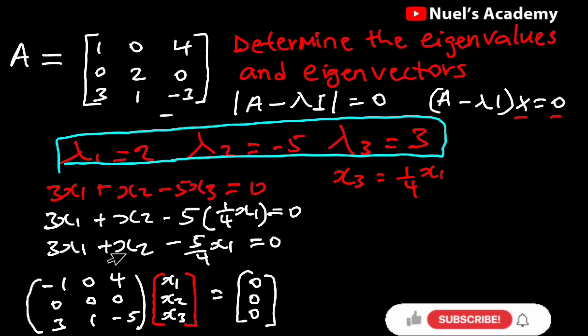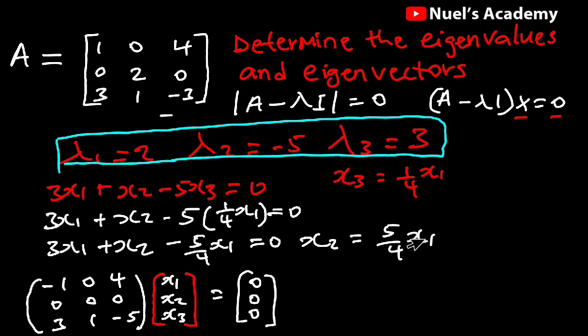We are going to write x2 in terms of x1. So we're going to have x2 is equal to 5 over 4 x1 then minus 3 x1. We have that x2 is equal to 5 over 4 minus 3, which is equal to minus 7 over 4, then x1.